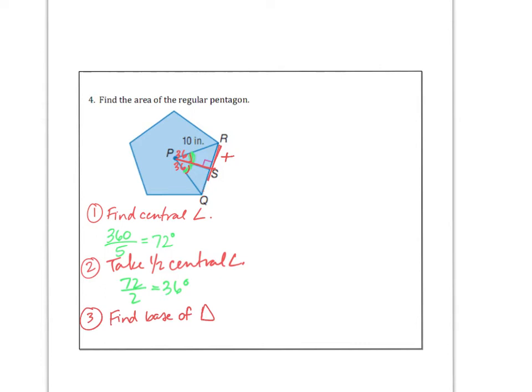What if we could find the distance from R to S? I'm seeing a little right triangle in here. I'll just redraw that triangle up here. I see this is 36, this is 90, this is 10, and this is the side we want to find.